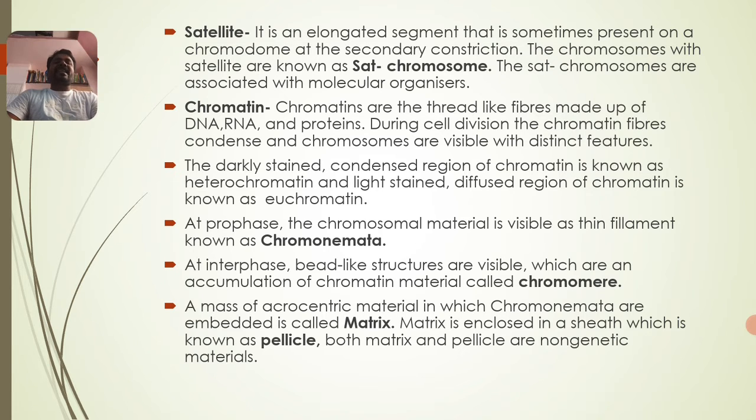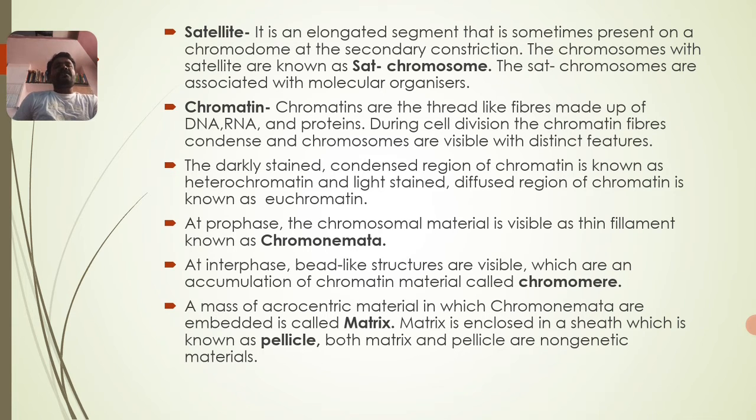Next one is the satellite. It is an elongated segment that is sometimes present on a chromosome at the secondary constriction, a segment of chromosome above that constriction. Chromosomes with a satellite are known as SAT chromosomes.